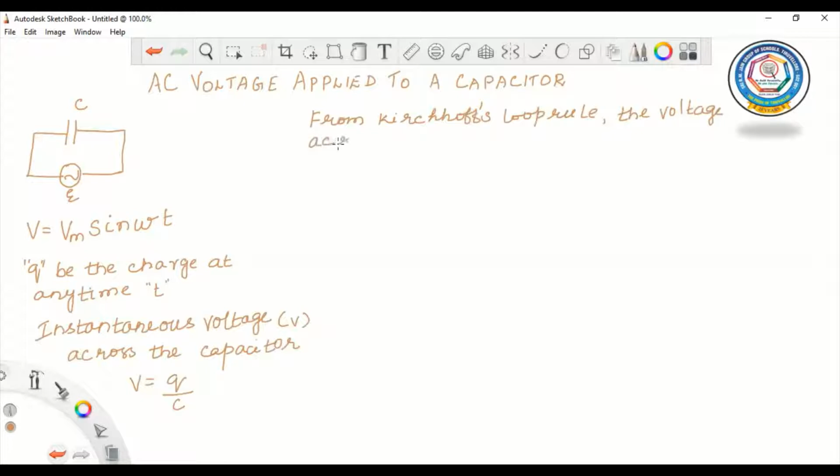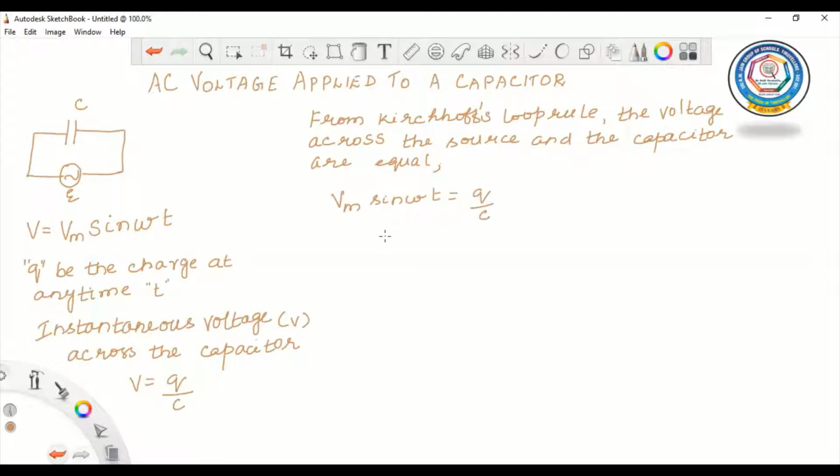So we are going to write Vm sin omega t is equal to Q by C.